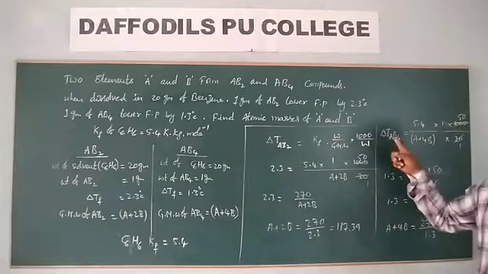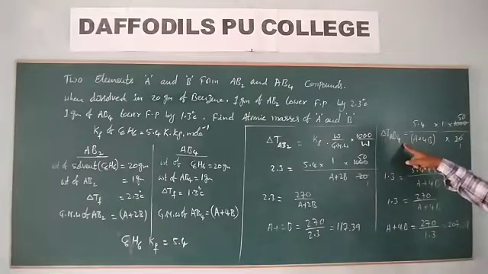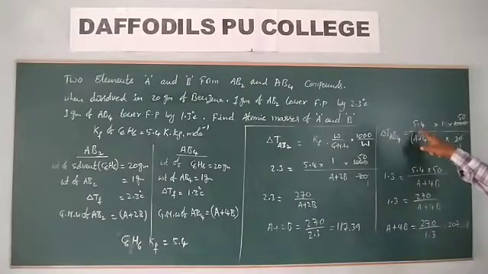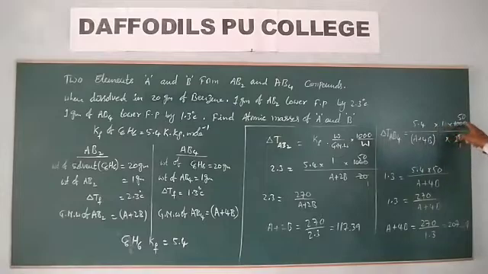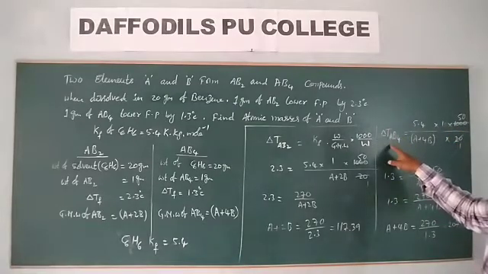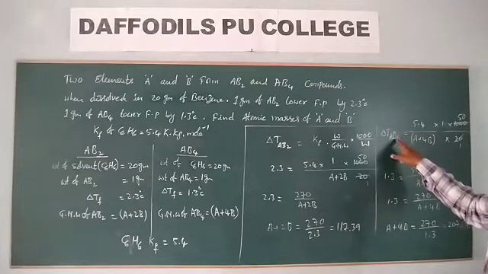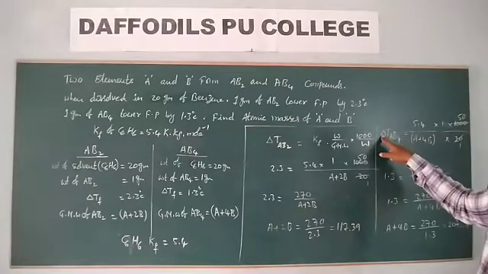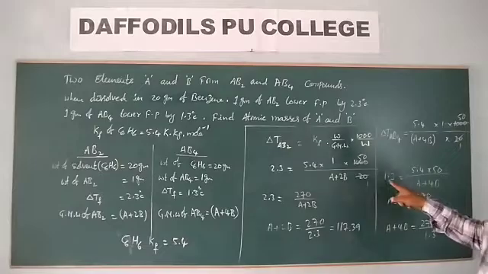Similarly, do the same thing with the AB4 molecule. Delta Tf of AB4 is equal to 5.4 by A plus 4B into 1 into 1000 by 20.